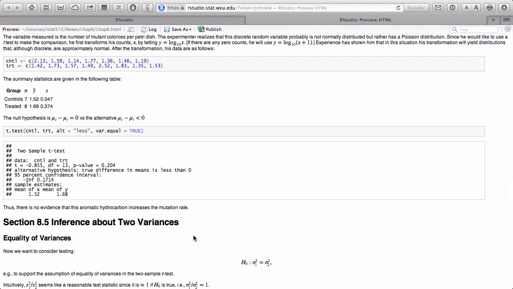To do it by hand isn't too hard, as long as the sample sizes are not big. Notice here that our t-value is minus 0.0885 with 13 degrees of freedom, and a p-value of 0.204. So let's talk about this for a moment. How did I get, if we did a one sample test, the degrees of freedom was equal to n minus 1.